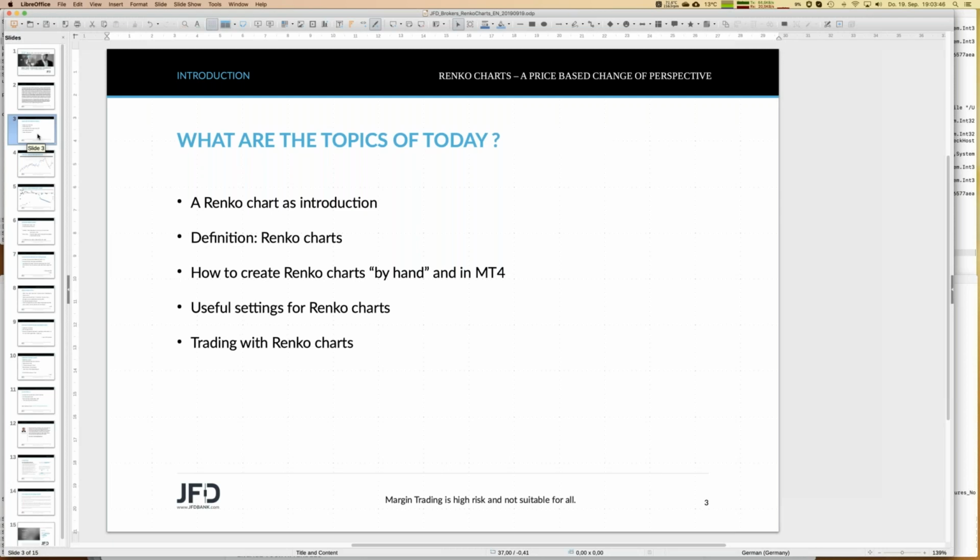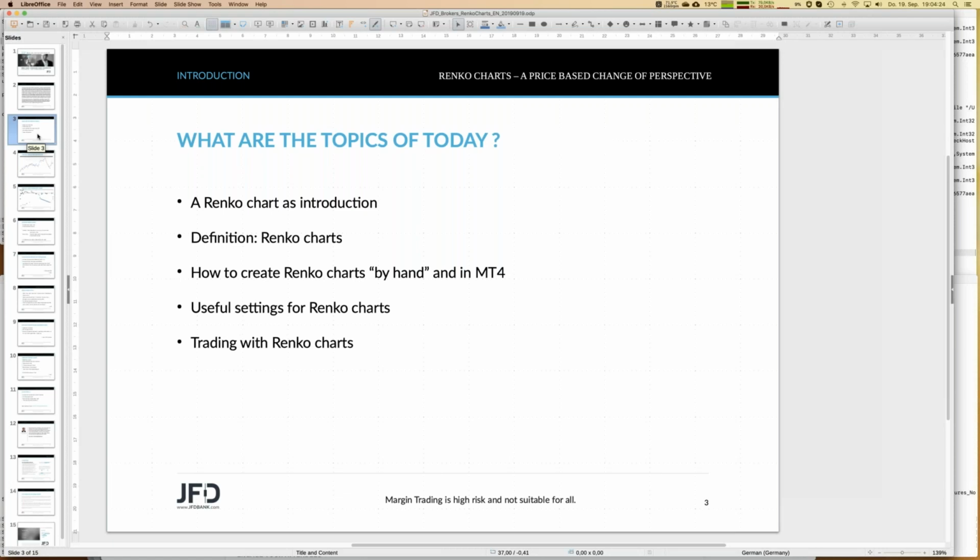Indeed, that really helps to understand Renko charts later as well, because there are some details you should know, and there are some obstacles, let's call them, when it comes to Renko charts within MT4. That has to do with how Renko charts are defined and what the indicators we will use in order to get Renko charts in MT4 use, and that's a little bit different. Therefore, there are some differences.